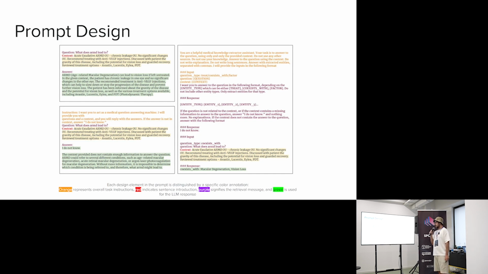And the main thing that helped and improved in this case is that we also provide the entity type that we wanted to extract. As you can see, we also provide the question type, which is coexist with, and then we say that we want to extract coexist with type from this context. And here the answer is clearly better than the rest, as we can only take the macular degeneration and vision loss, which is what exists in this context.